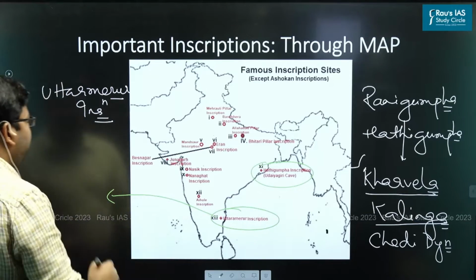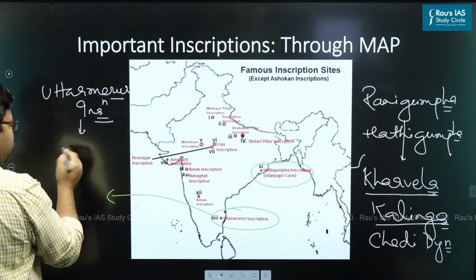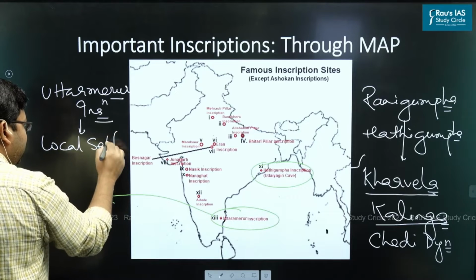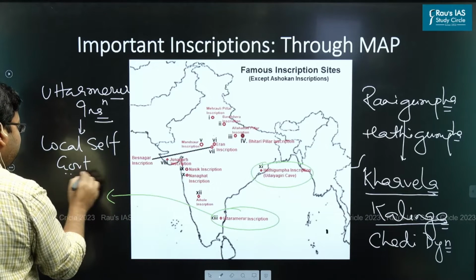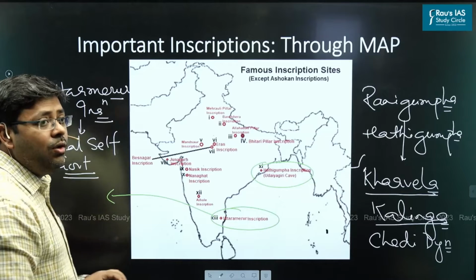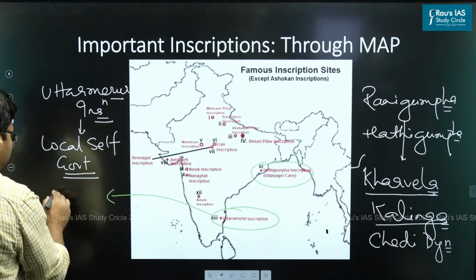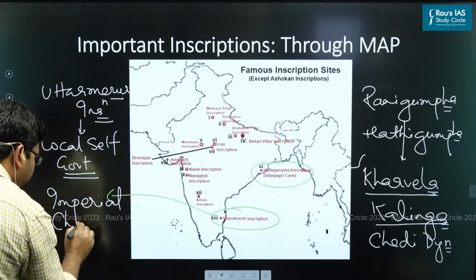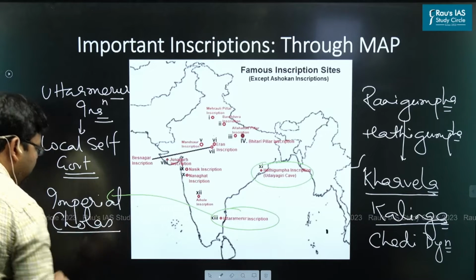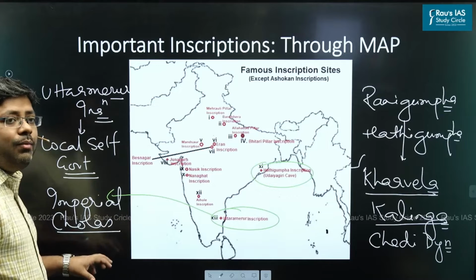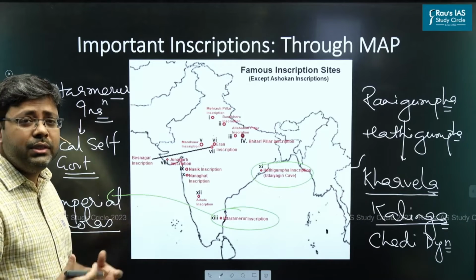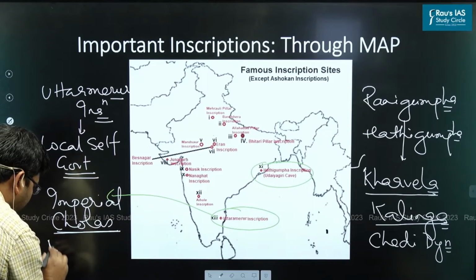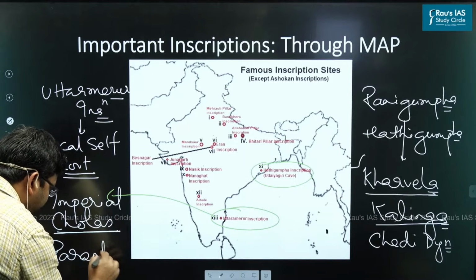And the Uttaramerur inscription basically gives the details of the local self-government, a structure which was prevalent in the villages in the time of the imperial Cholas. This description comes from the time of the imperial Chola ruler Parantak I.